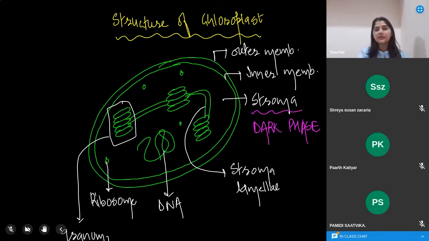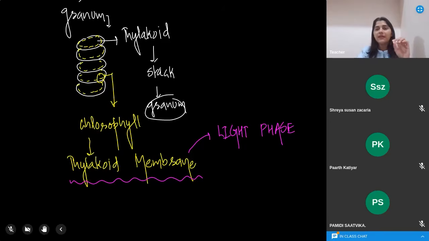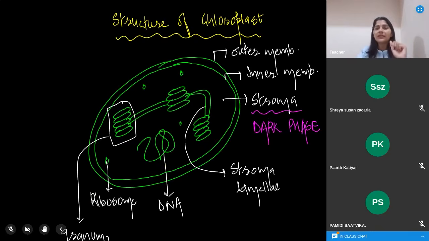This is clear? The structure of chloroplast and where the dark and light phases of photosynthesis take place. Light phase is the phase where the plants absorb sunlight. The chlorophyll molecule absorbs the sunlight. So it takes place in the thylakoid membrane and the dark phase occurs in the stroma.